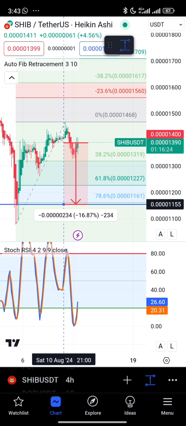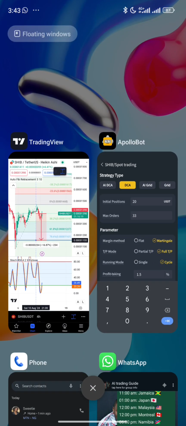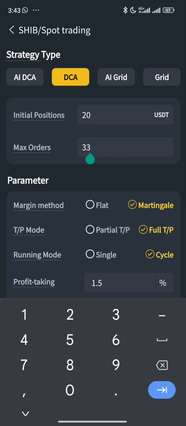All right, so what am I doing with the 5.6%? Let's go back to the bot. Now let's come back here, and I said my max order is going to be 3. I have checked in my trading view, and I've seen that if this market goes against me, it's a good one. My bot will buy the dip for me. So let's go set it up.